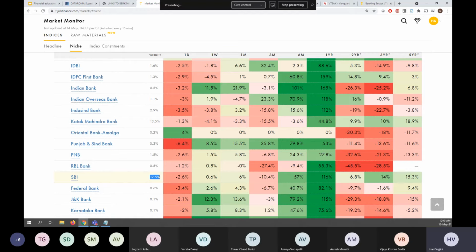And why do you think many people want to buy HDFC Bank compared to SBI? Why do you think that's the case? Any guess, why do people want to buy HDFC Bank compared to SBI, even though SBI has a major market share?